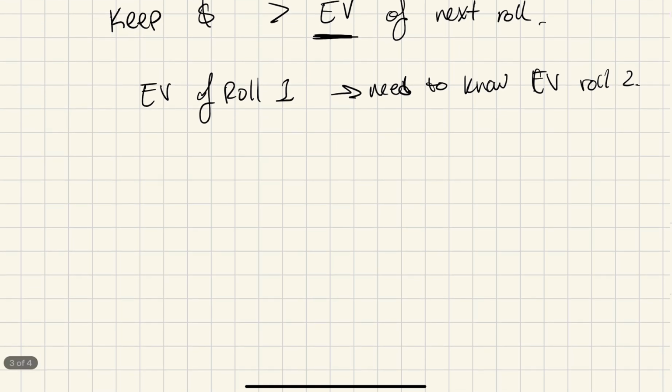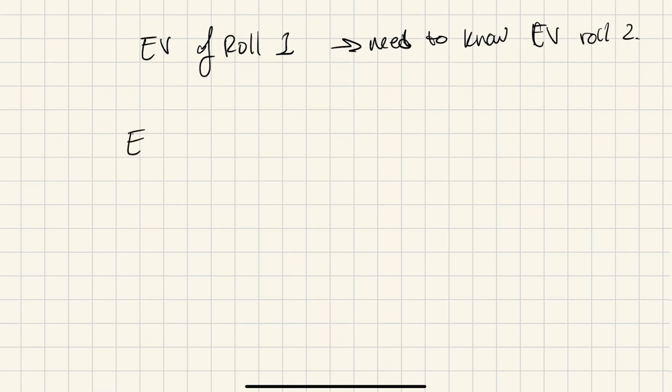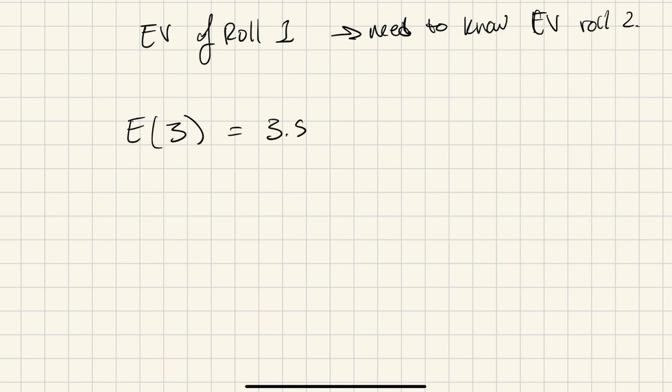If I want to know when to re-roll again for roll 2, I need to know what the expected value of roll 3 is. So working backwards this way, clearly the expected value of roll 3 is just the average of the faces of the die, which is 3.5. So on average, if I'm on roll 2 and I want to roll again, then I'll get $3.5 on average.